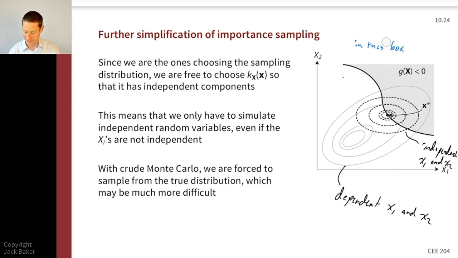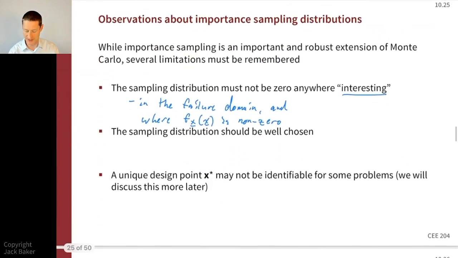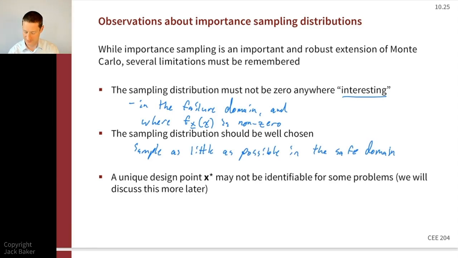I'm going to take this off just to avoid confusing that figure. Okay, so let's talk some more about that. So that's an important thing. So beyond just being non-zero, we want to choose the distribution well. And so what we would like to do is sample as little as possible in the safe domain because those values are a waste, right?